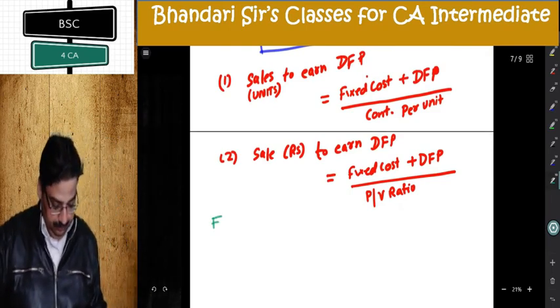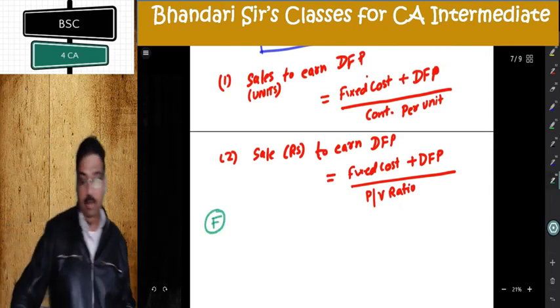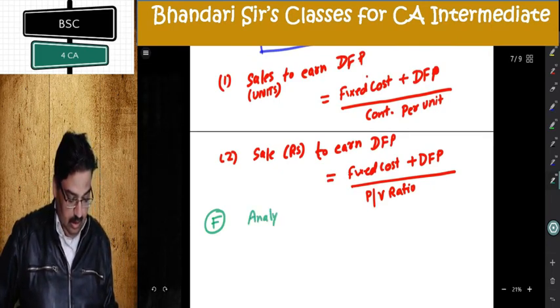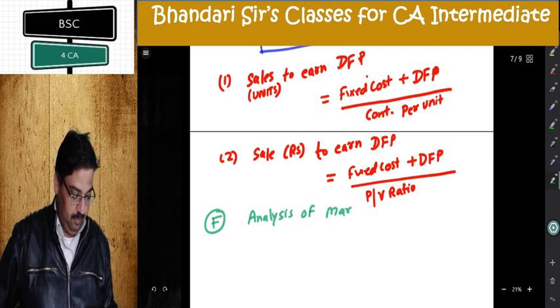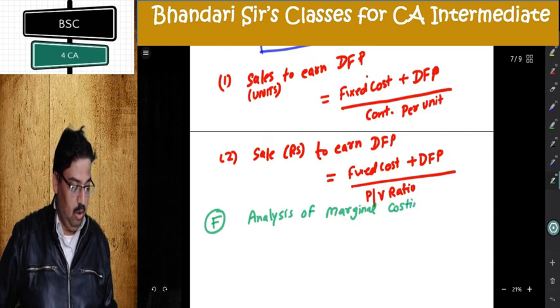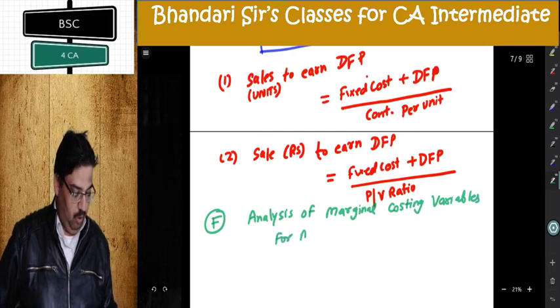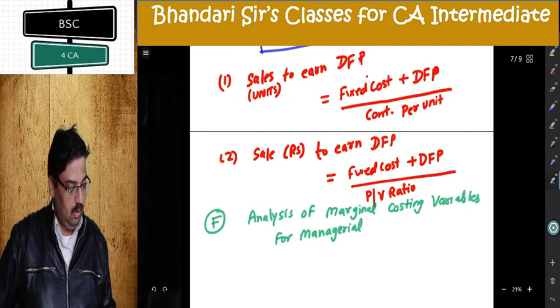F point, last point for the day. Analysis of marginal costing variables for managerial decision making.